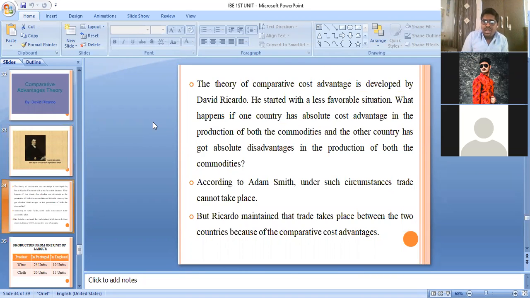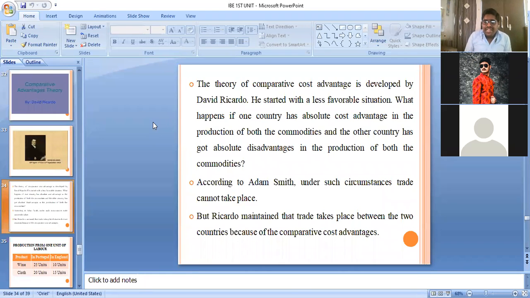The theory of comparative cost advantages was developed by David Ricardo. He started with a less favorable situation. What happens if one country has absolute cost advantages in the production of both commodities, and the other country has absolute disadvantages in the production of both commodities?